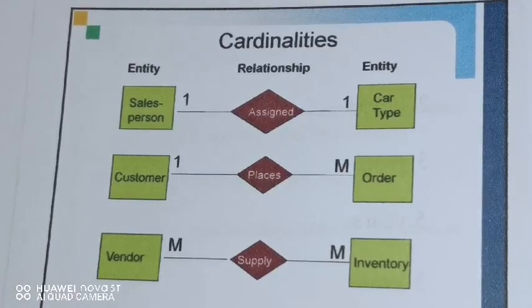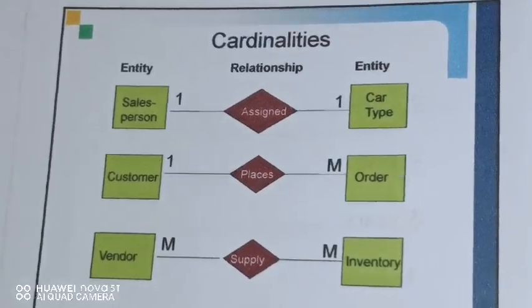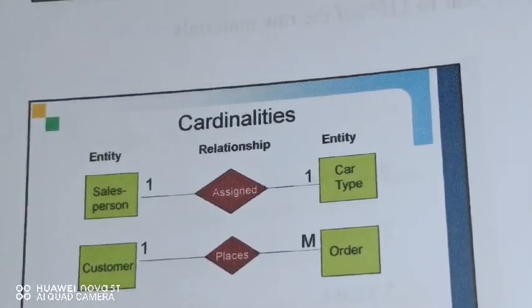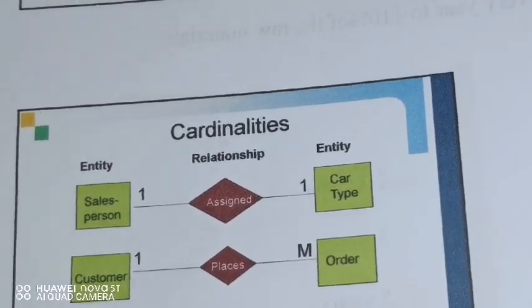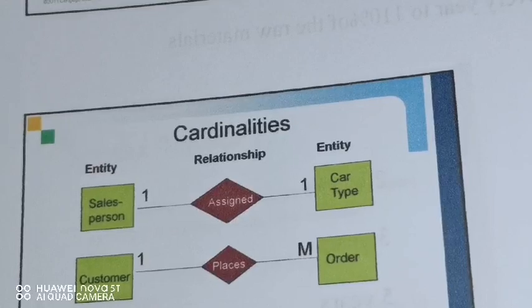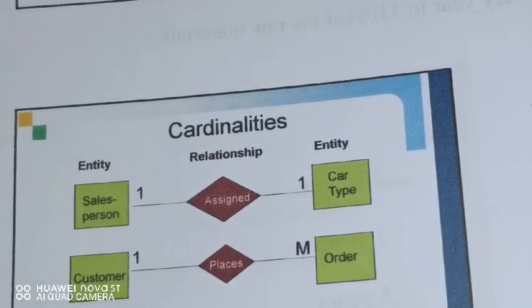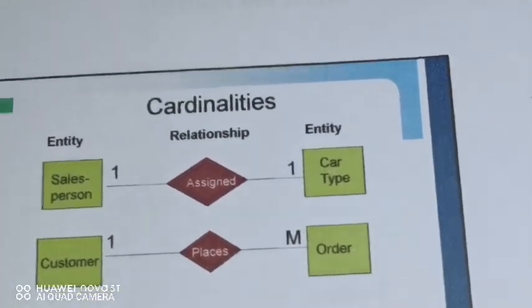Kasi naka-assign siya. 'Di ba? The reason for that is for accountability purpose. Mahirap kasi 'di ba kung iba-iba yung sasakyan na gagamitin ng salesperson, it will be difficult to trace kung sino ba yung kunwari nasira yung sasakyan, kung sino ba yung nag-cause nung pagkasira ng sasakyan na yun kung iba-iba yung gumagamit nung sasakyan.